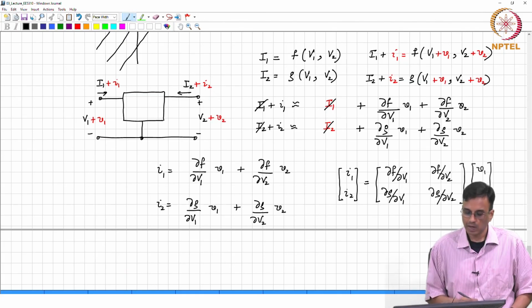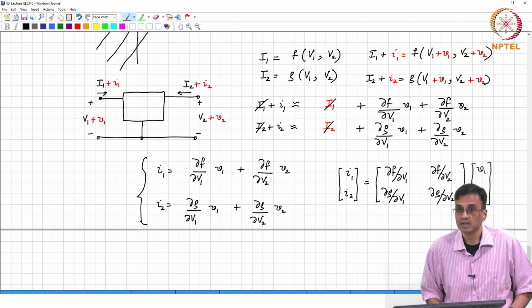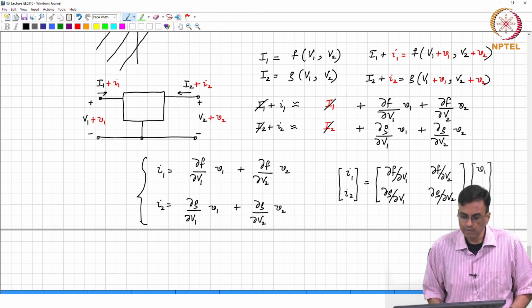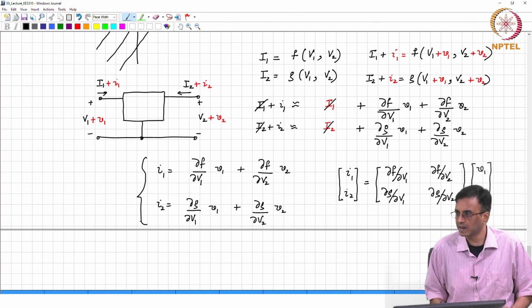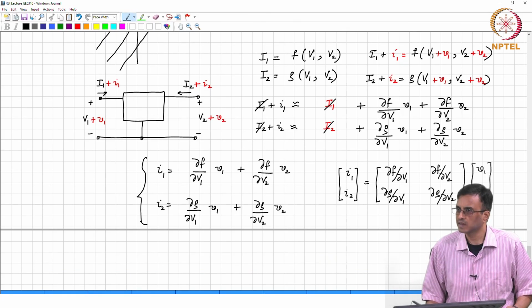Are these linear or nonlinear? These are a set of linear equations, where even though the two port is nonlinear, for small changes in the exciting voltages, the changes in currents can be related to the changes in port voltages using a set of linear equations, right. Again, this is not much of a surprise, this is exactly what we saw in the one terminal case.